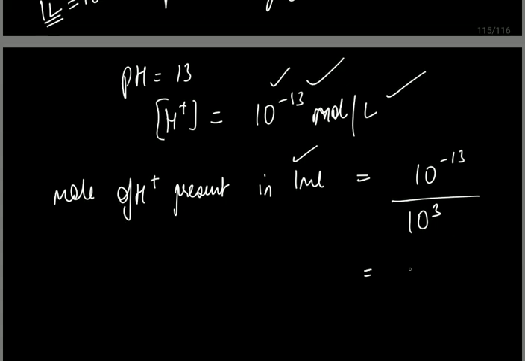So you have to divide by 1000 and you will get 10 raised to the power minus 16. The 3 goes above and becomes minus, so minus 13 then minus 3 becomes minus 16. These are the moles of H positive present in 1 ml. In per liter it was minus 13, but for 1 ml it becomes minus 16.